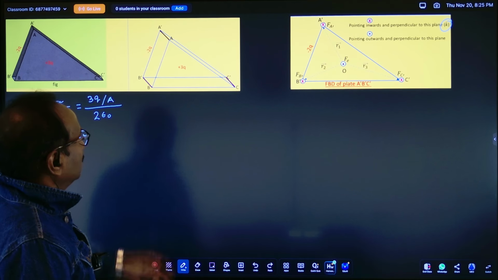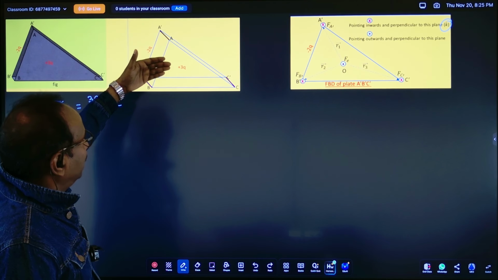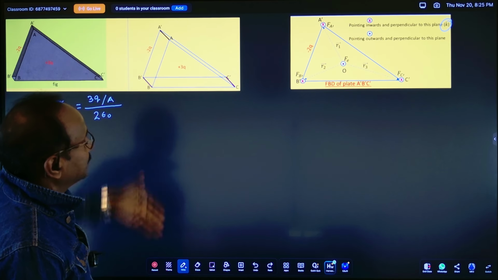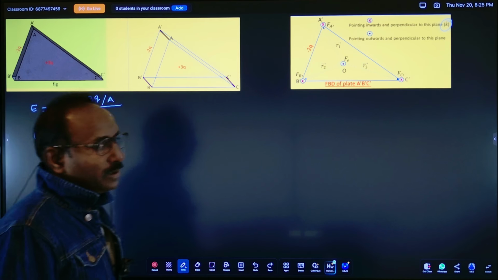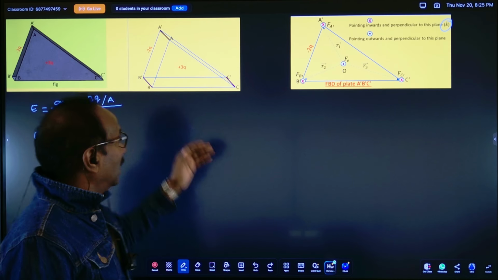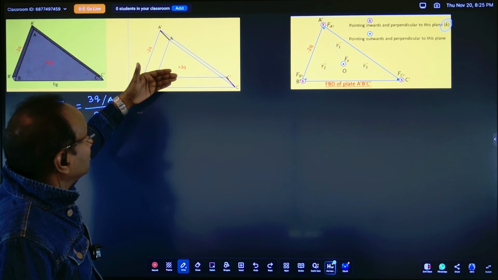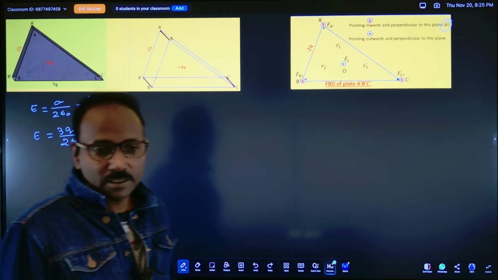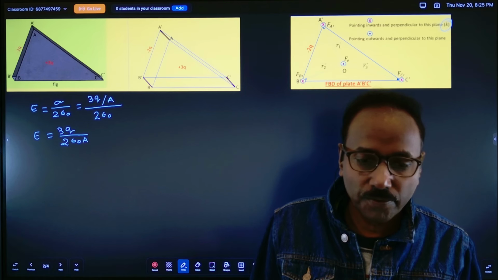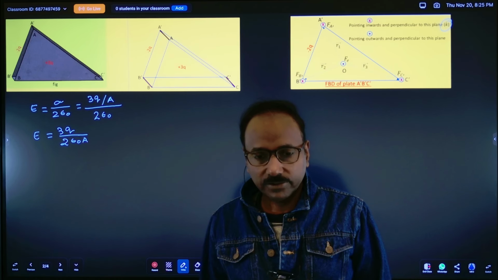Or you can say all the electric field lines which are emanating from ABC will be perpendicular to its surface, and the other plate which is parallel to the ABC plate, those lines will be perpendicular to that plate as well.